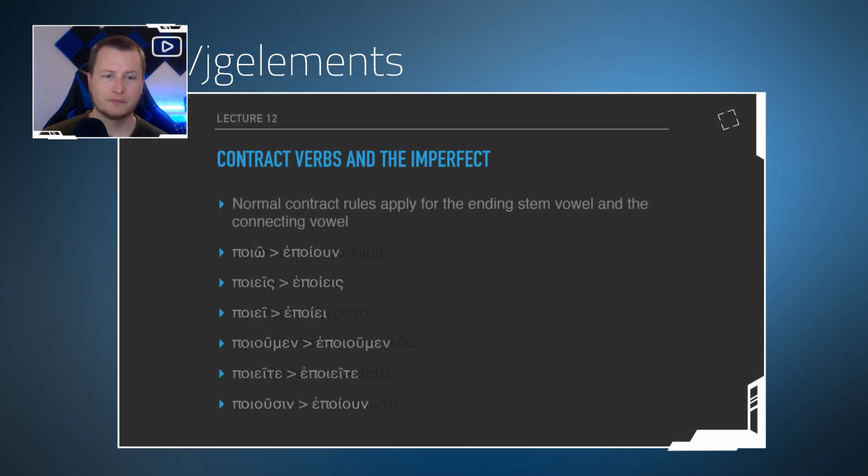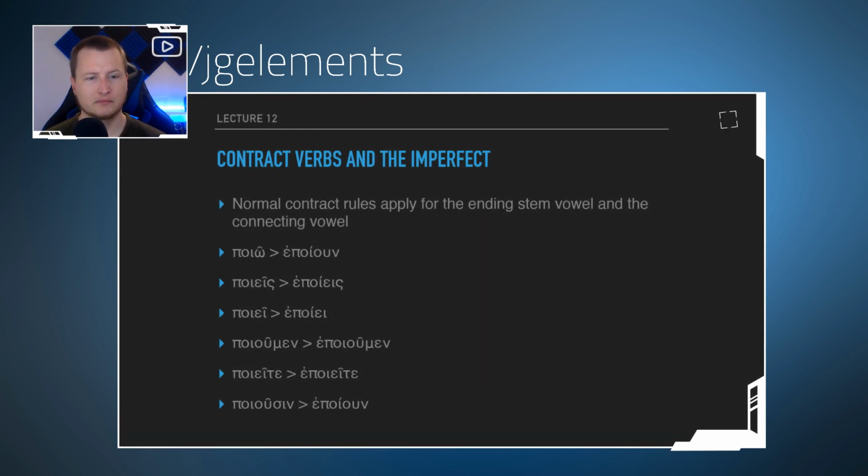Now what about epsilon contract? Same rules apply. This one's poieo. In the first person singular, it's poio when it's not in the lexicon, right? So we add the augment. You just add the epsilon to the beginning.